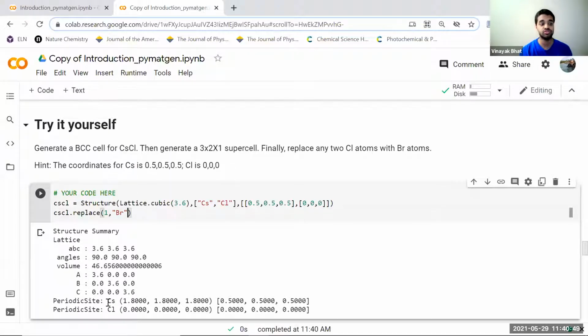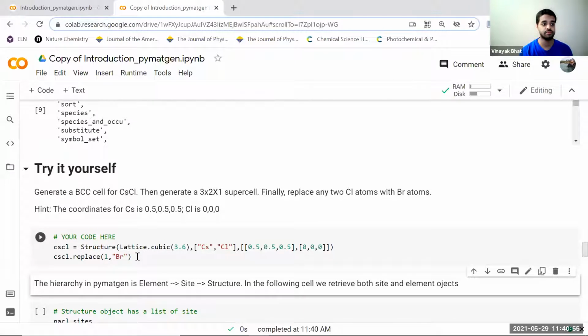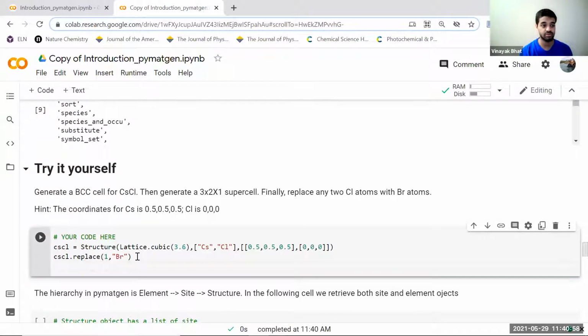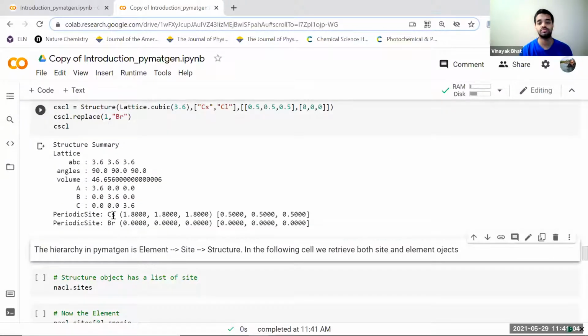So that means this is 0 index, this is 1 index, with Br. So that is what we did. So we had CsCl, but we replaced only one of them by Br. Okay.